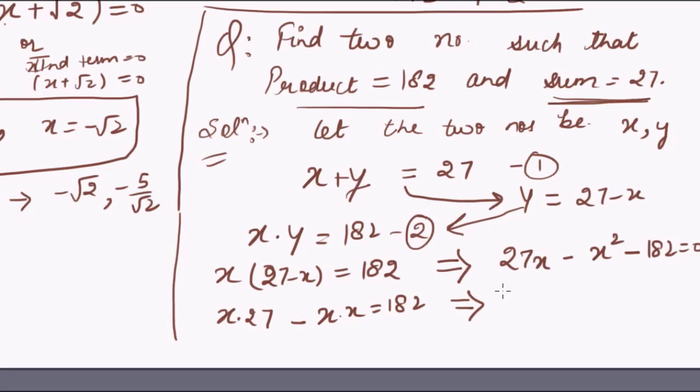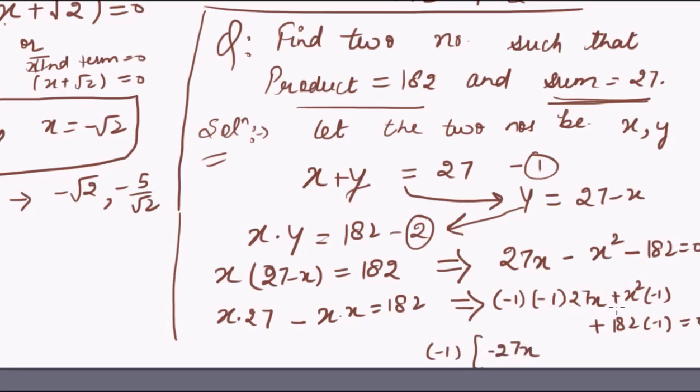That is, 27x can be written as -1 into -27x, x² can be written as -1 into -x², and 182 can be written as -1 into 182, equal to 0.